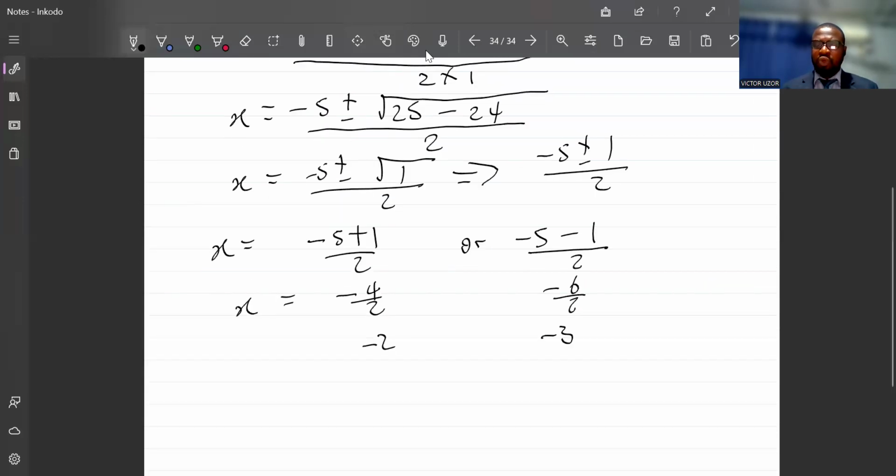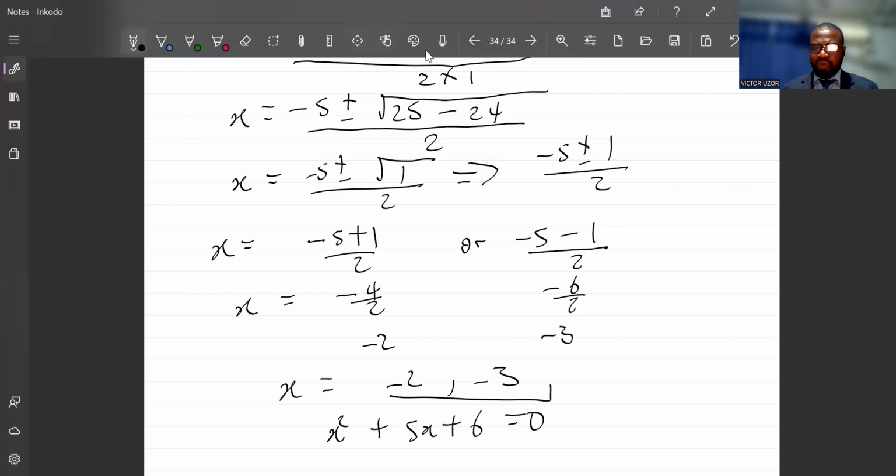So the two x-intercepts, the two values for x in this equation, x squared plus 5x plus 6 equals 0, are negative 2 and negative 3. They are also known as the roots of the quadratic equation.